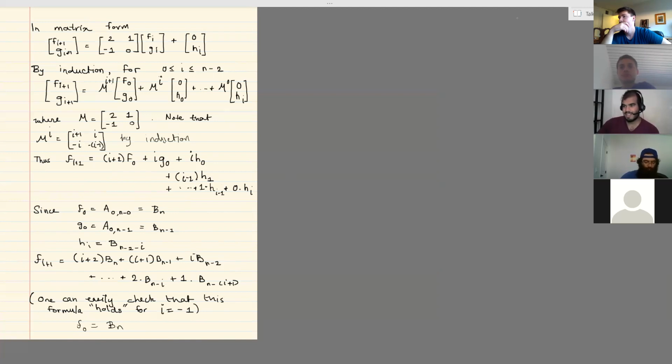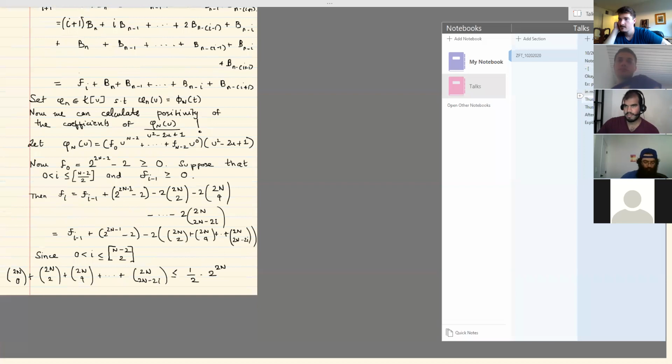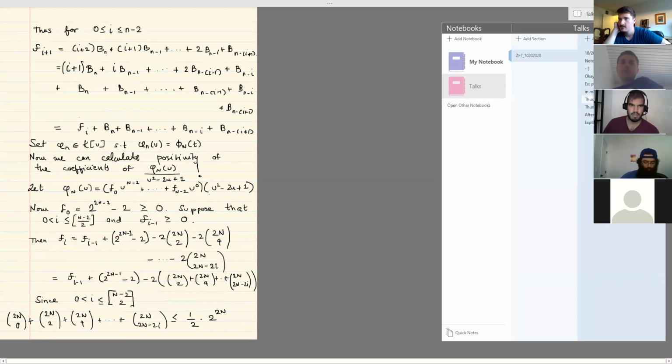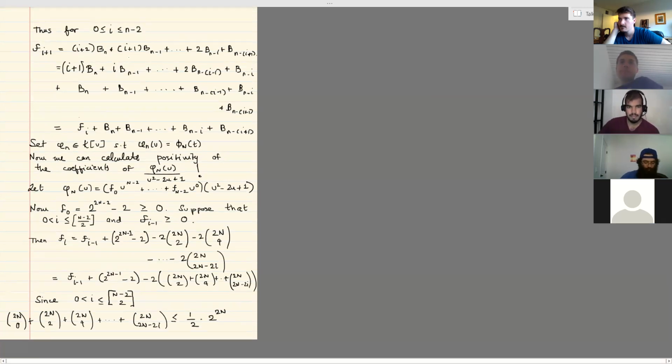So now that we have that, we are going to form a recursive statement about the coefficients of these polynomials. So F sub I plus 1 is equal to this. Writing it out in the following fashion, I'm just going to knock off one term from each of these summands. So over here, I take a B sub n out.